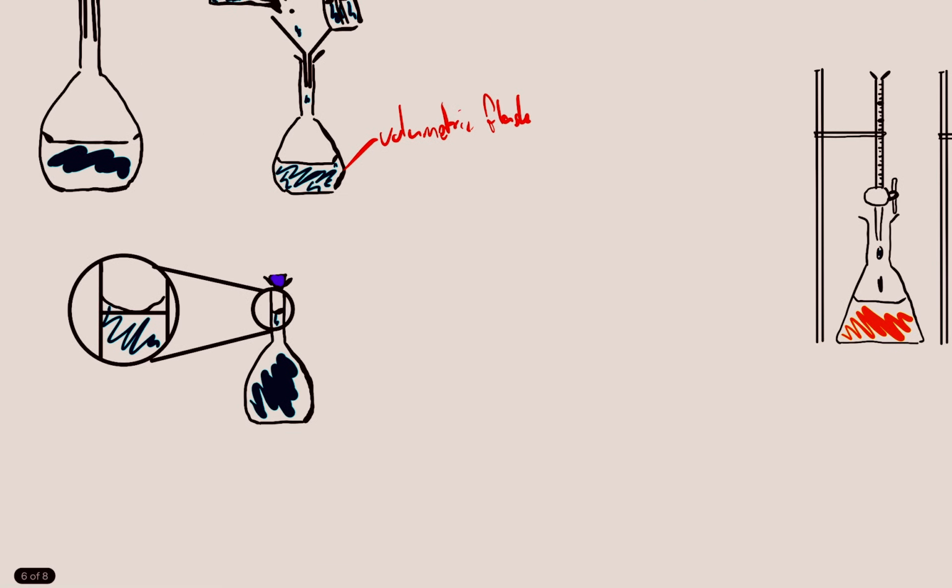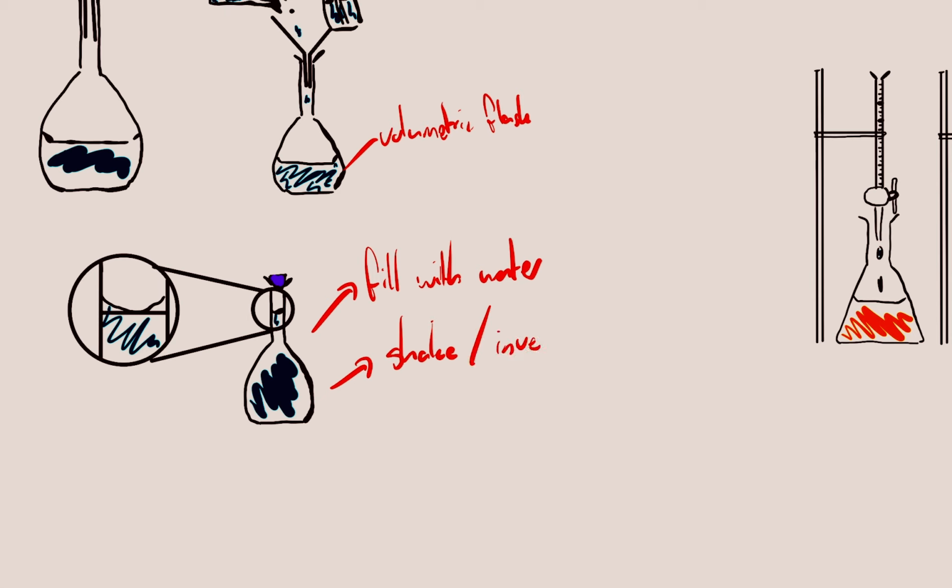Then we're going to fill our volumetric flask with water, and often we're going to wait until we fill it up most of the way. Then we're going to shake or invert the flask.